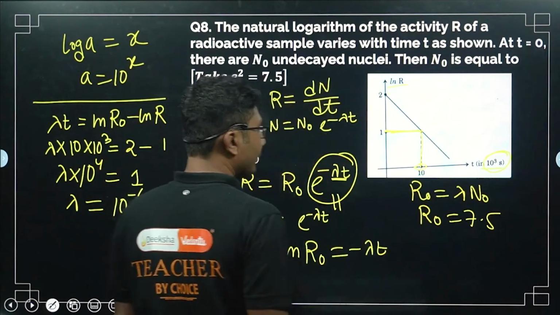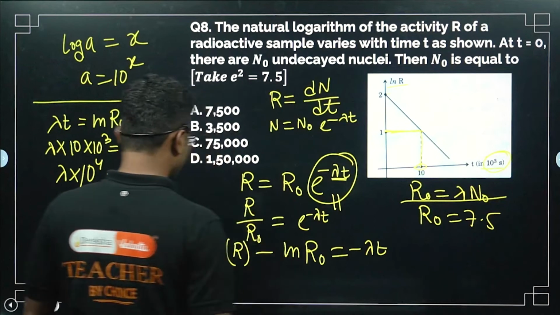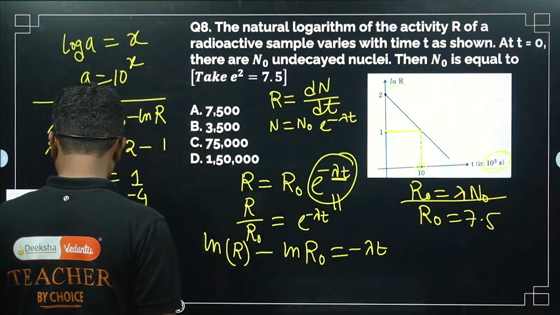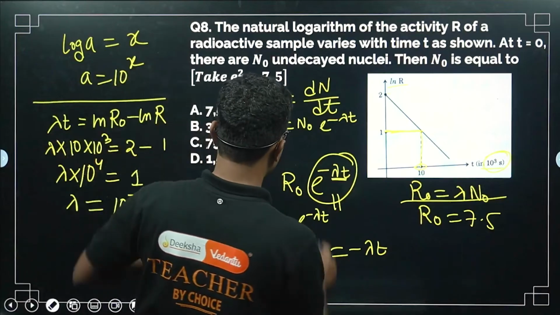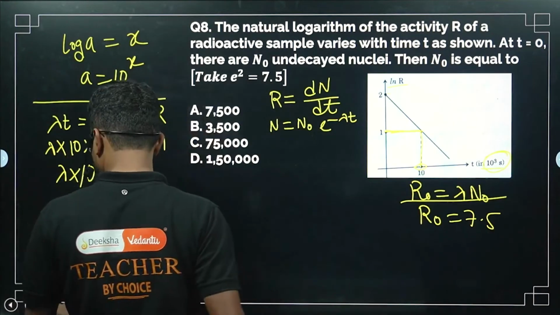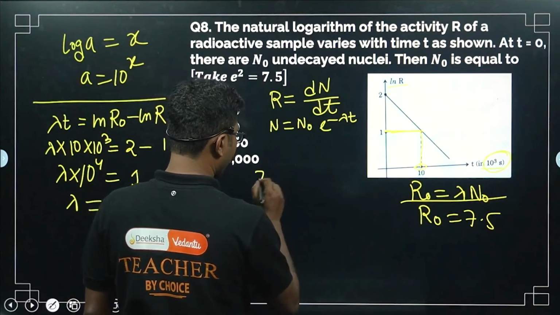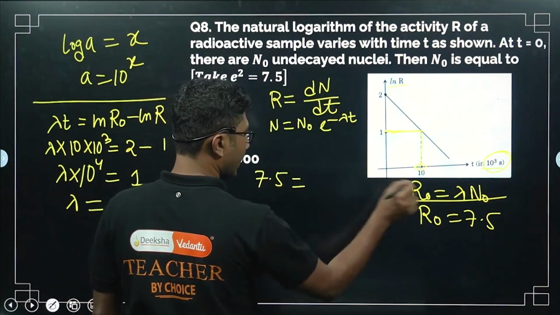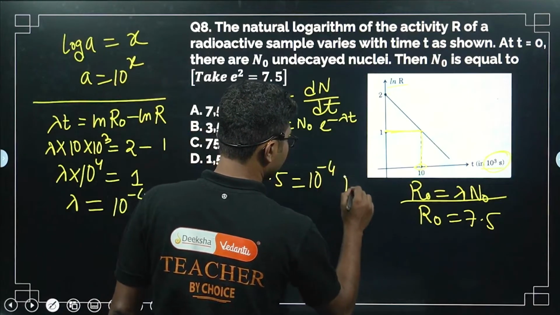Now you have to use this value to calculate the value of N0. So you have to use this relation to solve it. Now R0 is 7.5, lambda value is 10 to the power of minus 4, N0 we are trying to find.